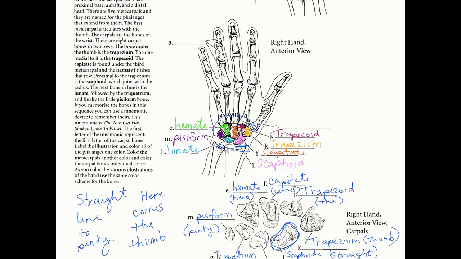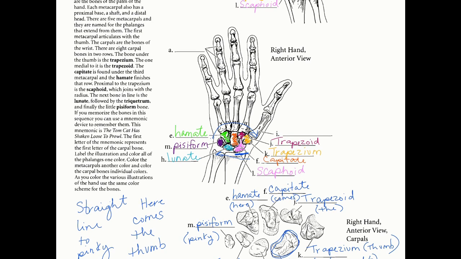Let's move back to the phalanges and the pollex though. I have one last comment I want to make about them, and then we will have finished up the upper appendicular. So again, we've got our first, second, third, fourth, and fifth metacarpals, but we're specifically going to call the thumb metacarpal the pollex.